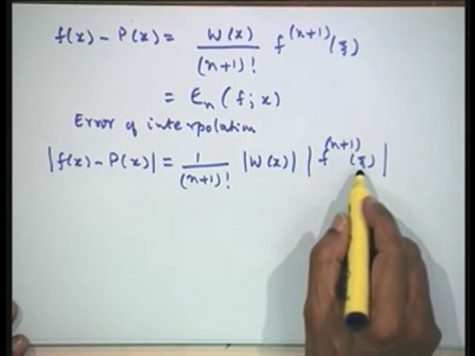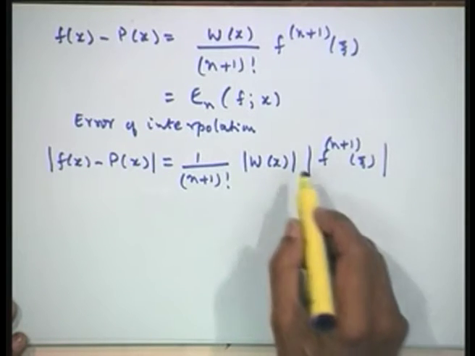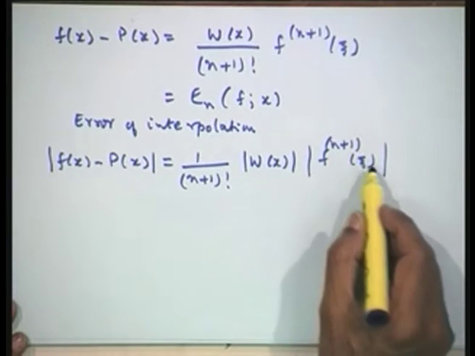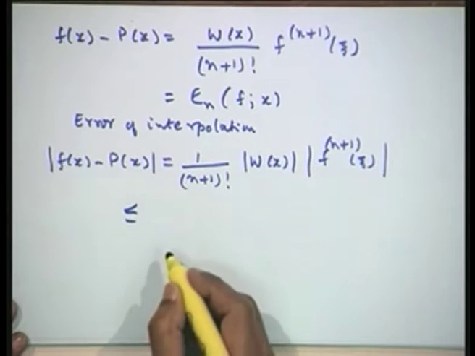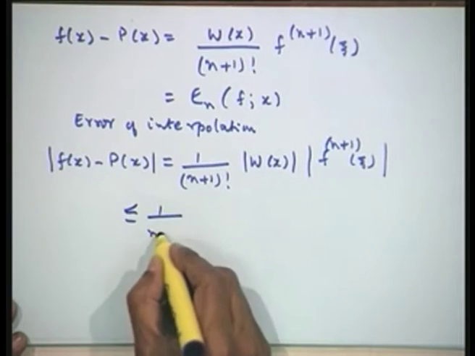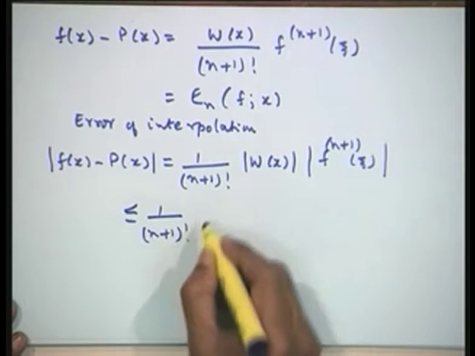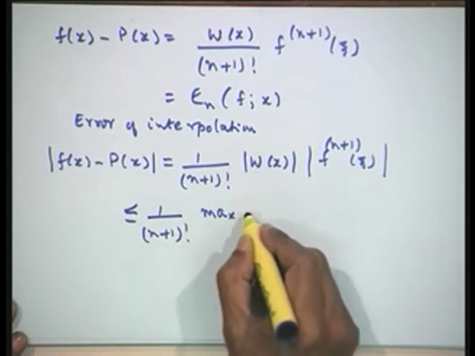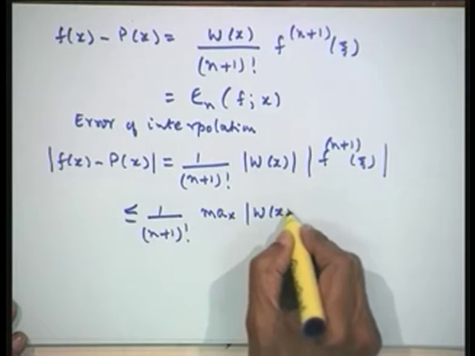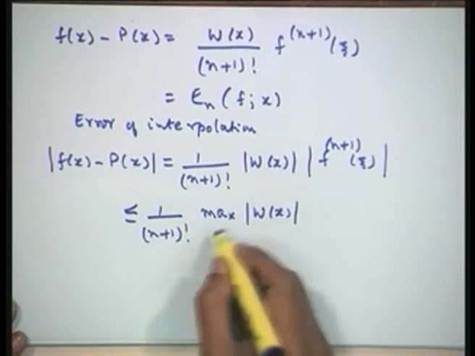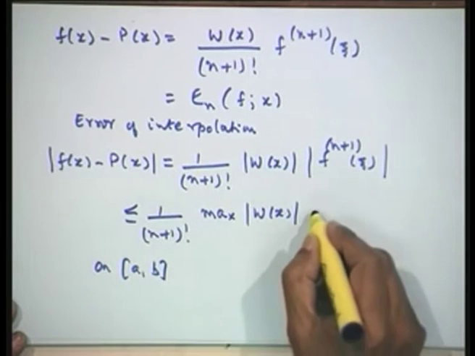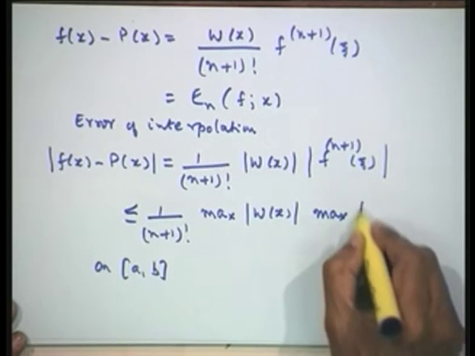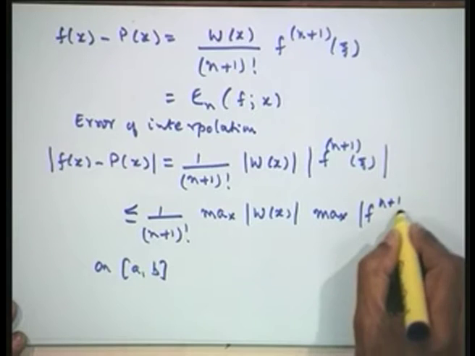Now xi is unknown, therefore I will take the maximum possible value of f n plus 1 of x. So I would write this as less than or equal to 1 upon n plus 1 factorial times the maximum of w(x) on the interval a b, times the maximum of f n plus 1 of x on a b.